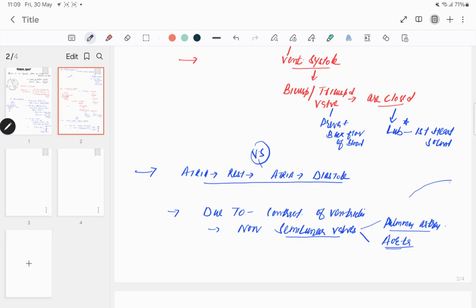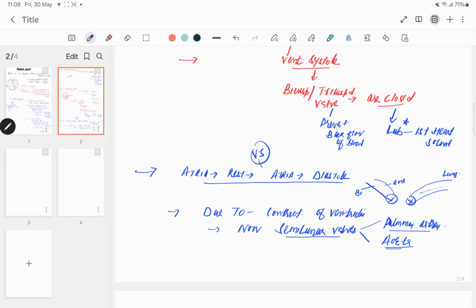Look here, this valve is at the pulmonary artery, and the second valve is at the major aorta. The pulmonary artery brings blood to the lungs, and the aorta gives blood to body parts.